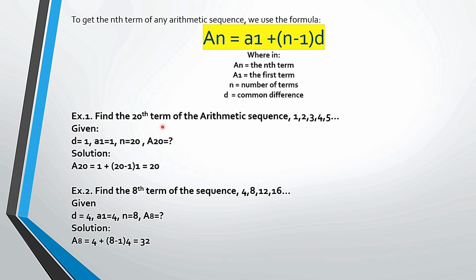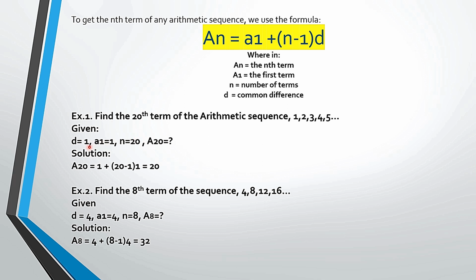Find the 20th term of the arithmetic sequence 1, 2, 3, 4, 5. We are given the common difference of 1 because 2 minus 1 is 1 and 3 minus 2 is 1 and so forth and so on. The first term is equal to 1 and the number of terms is 20 in this case.